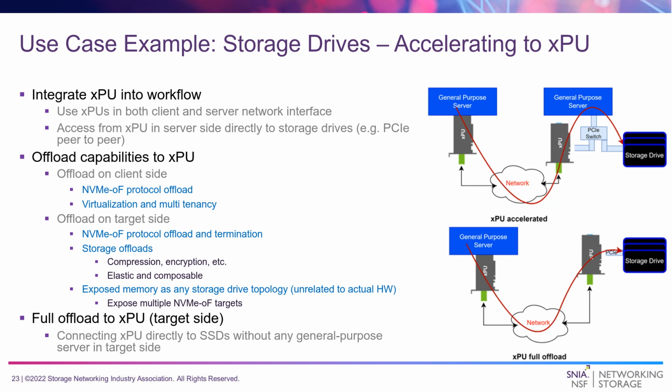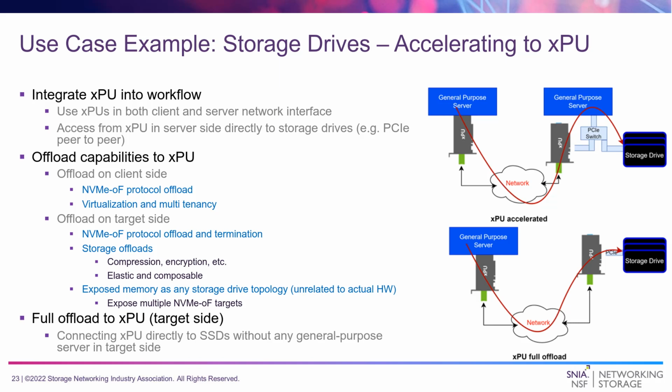And on the target side, we can offload the NVMe over Fabric protocol, its entire termination. We can offload more storage offloads like compression, encryption. We can offload the mapping between virtual NVMe drives exposed to the clients and the actual hardware connected there.